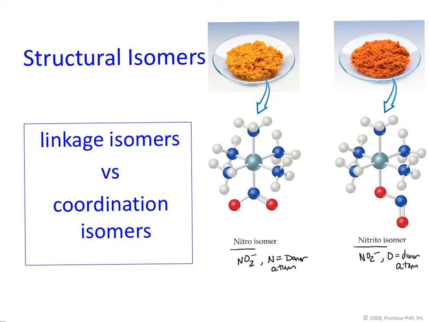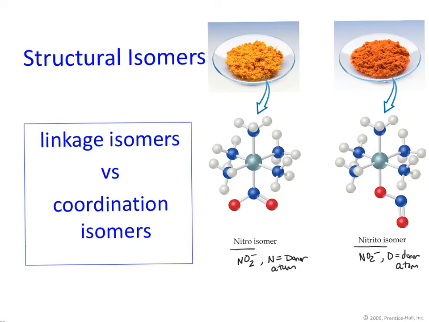And then here I see this is nitro because I have the N that is the donor atom donating the 2 electrons to make that ligand to metal bond with oxygens on either side, giving us the chemical formula NO2 minus. Over here, same structure, but I can see that O is the donor atom donating those 2 bonds to that metal center. And you can see with the nitroisomer, that compound is more of a light orange or yellow color, and the nitrido isomer, we have more of a darker orange or a rust type color.